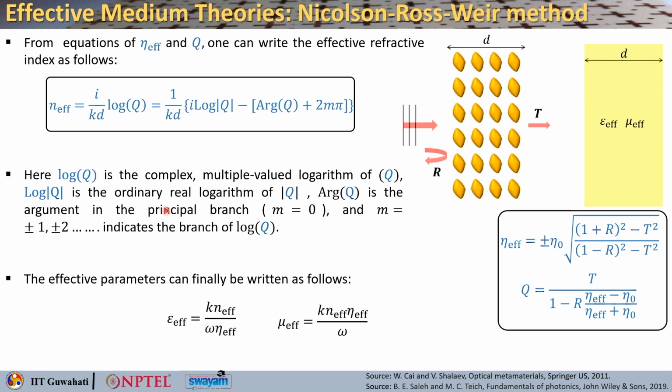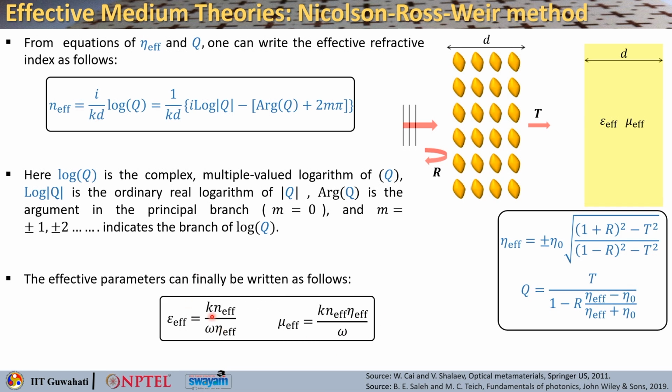So, once you know this n effective, the effective parameters can be written as epsilon effective equal to k n effective divided by omega eta effective, and you can write effective permeability mu effective to be equal to k n effective eta effective divided by omega.